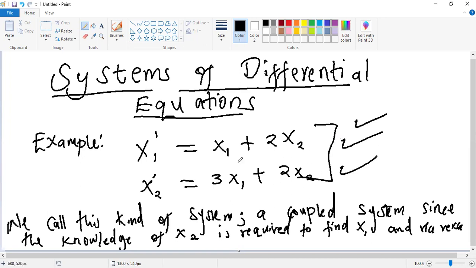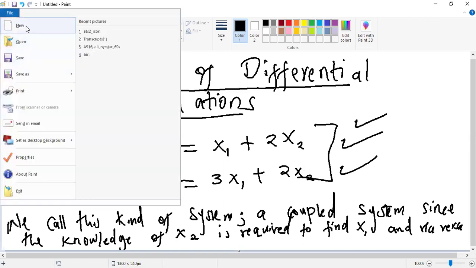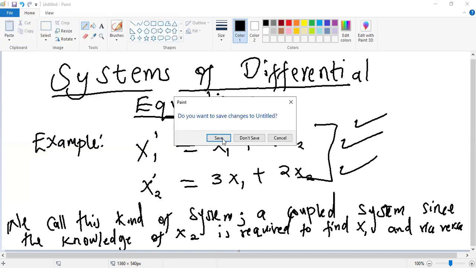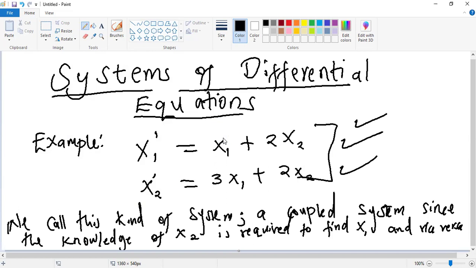So I hope you guys have already noted the systems of differential equations, and you've noted an example of how exactly a system of first order differential equation looks like. Because the next thing I want us to look at is how exactly you can go about converting if you have a higher order.